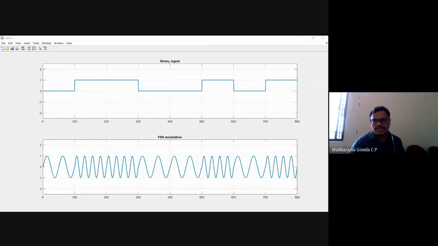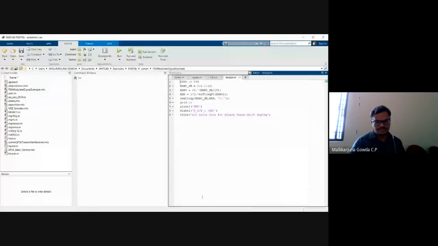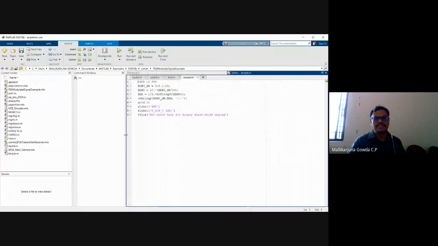Let me show you one graph of drawing bit error rate. This is the code for plotting the bit error rate, that is, average probability of error versus SNR, signal to noise ratio, right?